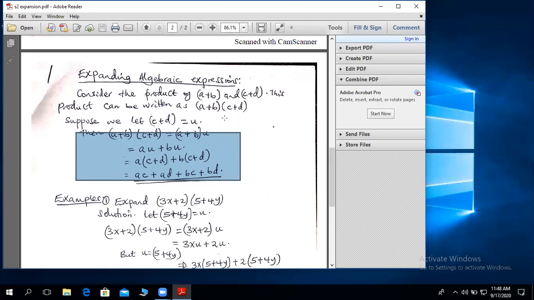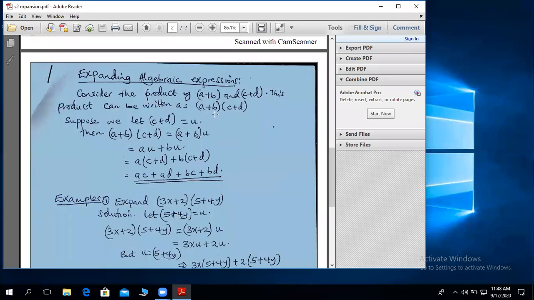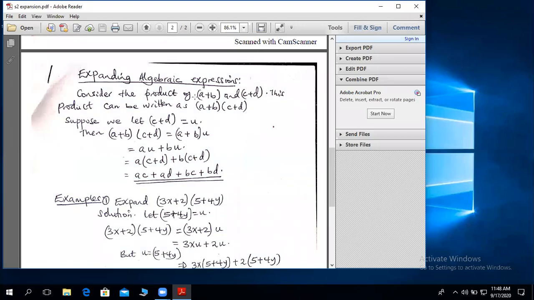Okay, let me repeat it. I'm saying the simplest way of expanding this. Now, this is what we are expanding: we have two brackets and we are multiplying them.